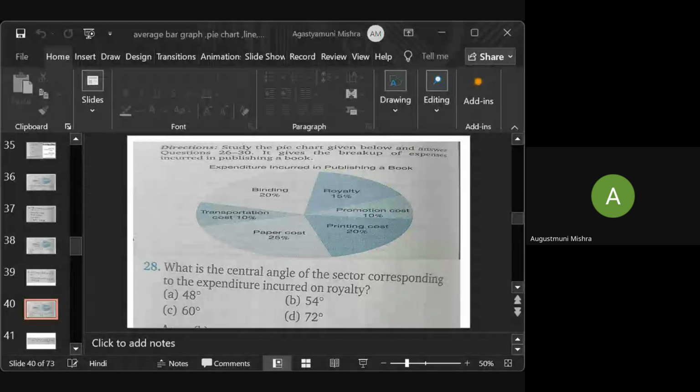That is D, B, B. Okay, a few more we have. Okay, 4 responses we have till now. Okay.